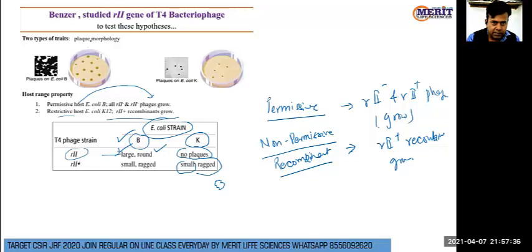And in the rII plus, you can see that B and K both have the same features. The only difference was where? In the rII. K strain was not forming any plaque, while B strain was forming large round plaques.